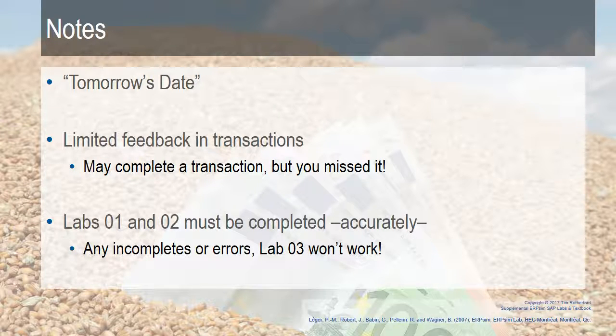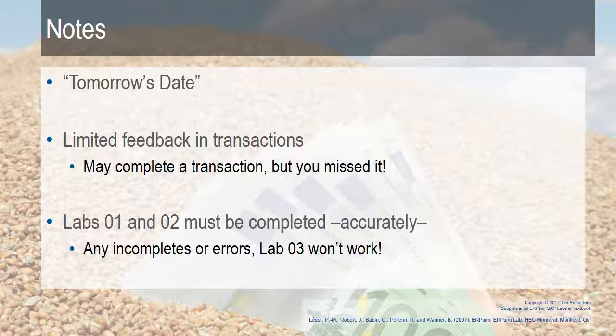So sometimes if you're trying to move too quickly, you may miss the feedback. It's in the bottom left corner of the screen where it'll say, this just happened. And if you start clicking somewhere else, it's gone. So slow down, make sure you're watching for the feedback.